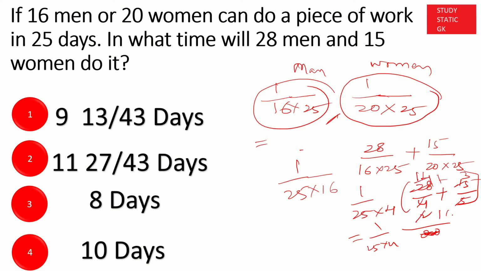So 10 is already there here, right? So 2 2s are 2, 5 5s are 5, that means 1 by 10. 1 by 10th of the work is completed per day. That means in 10 days they can complete the entire work.